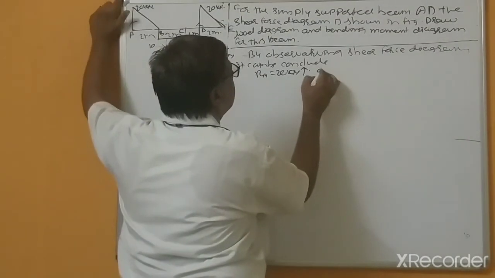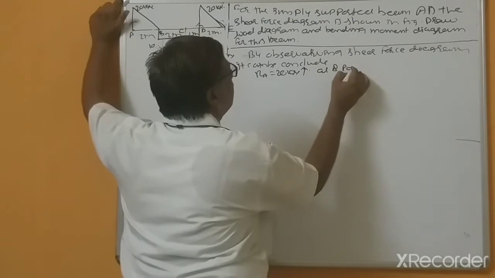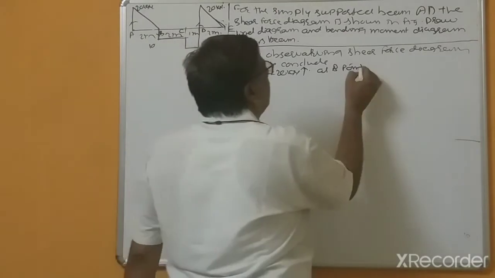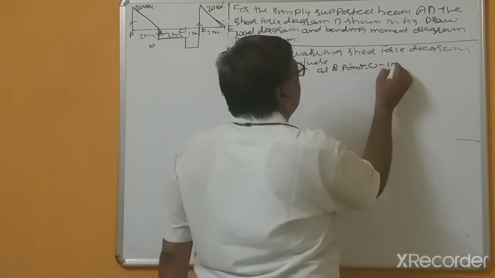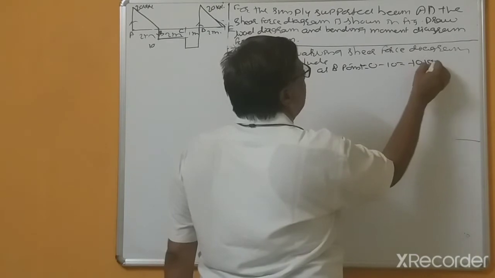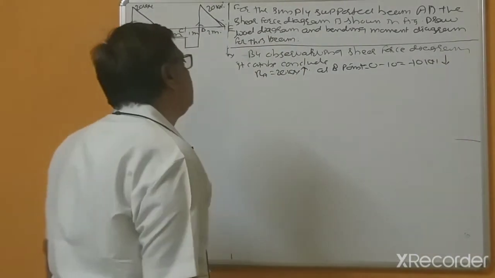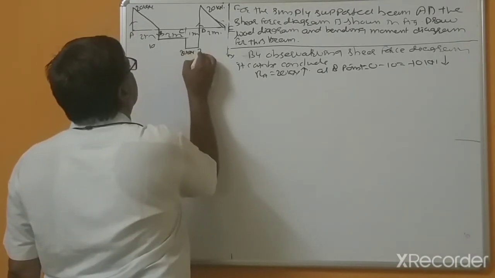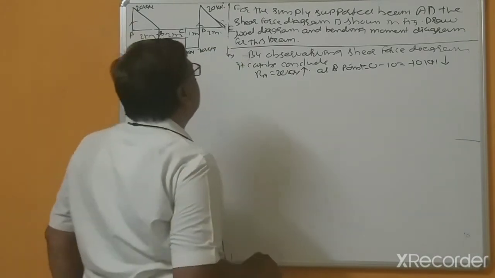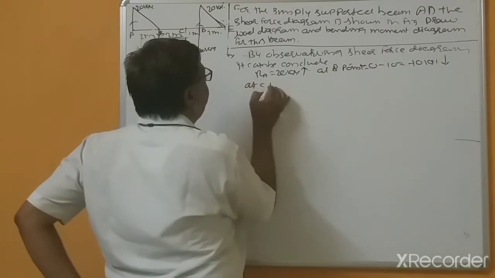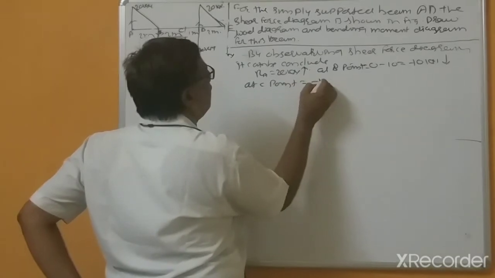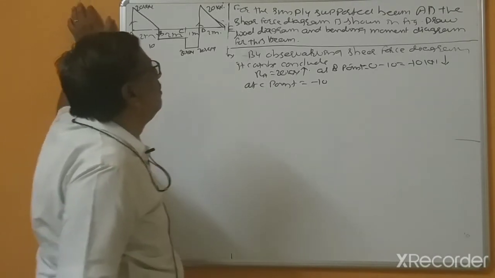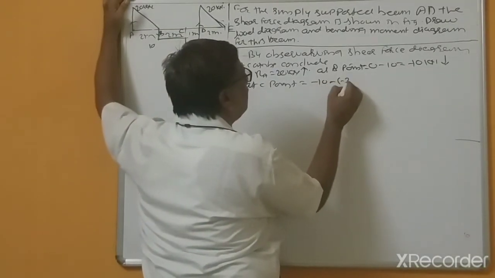At B point, this is downward, 0 to 10. 0 to 10 means this is 10 kilonewton, that's why downward. At C point, this is 20, this is 20. At C, minus 10, minus 20.